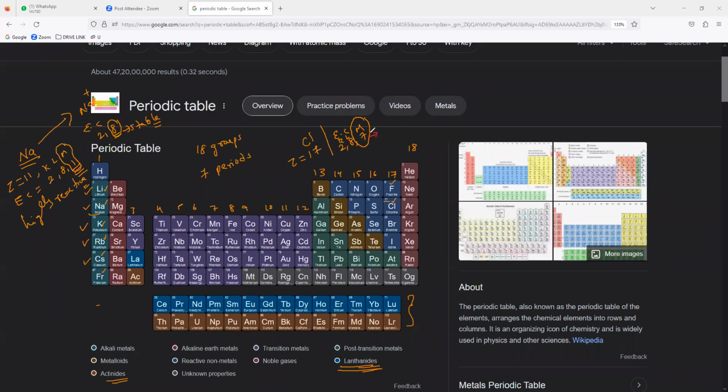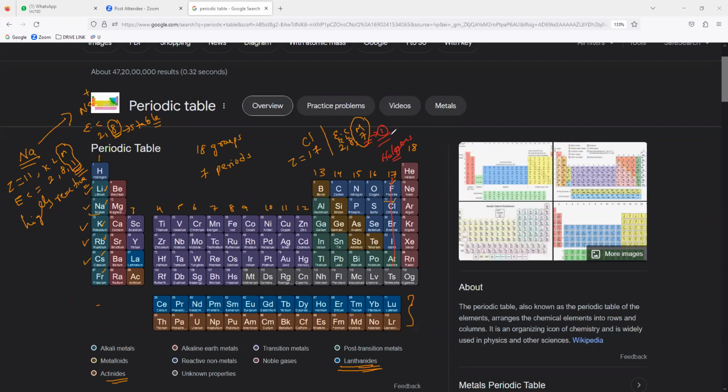To become stable, how many electrons are needed? 1 electron. That is why these are called halogens. To acquire stability, they need 1 electron.